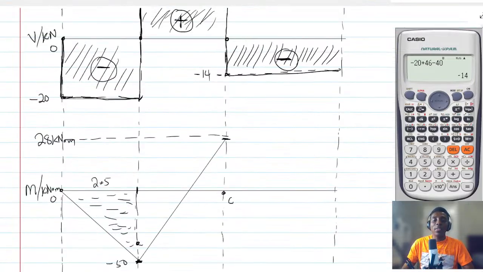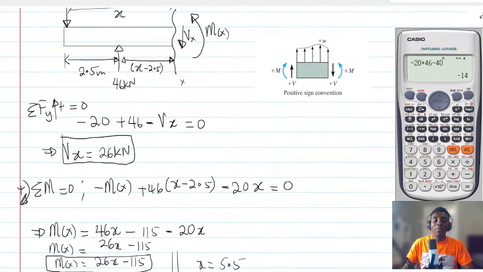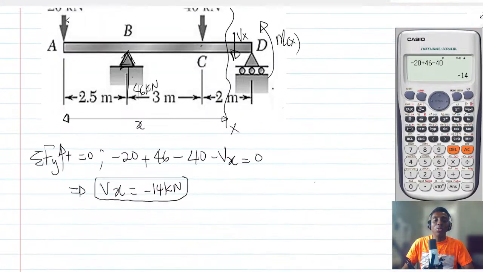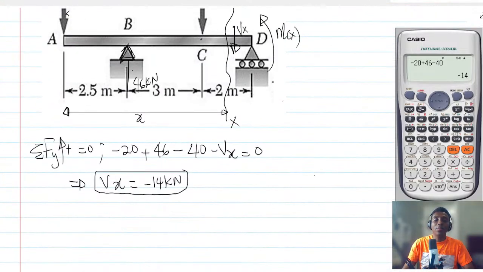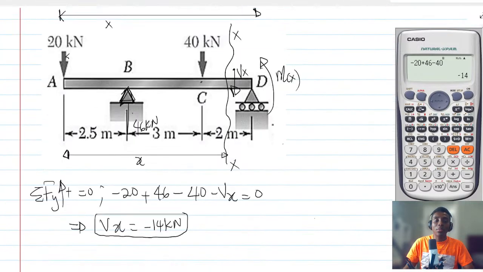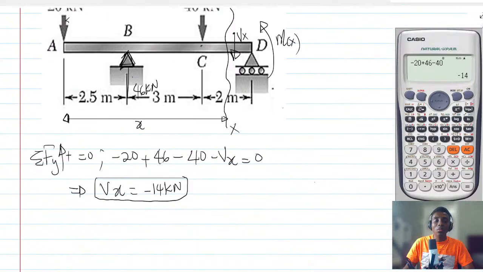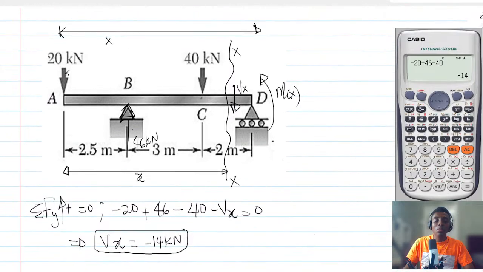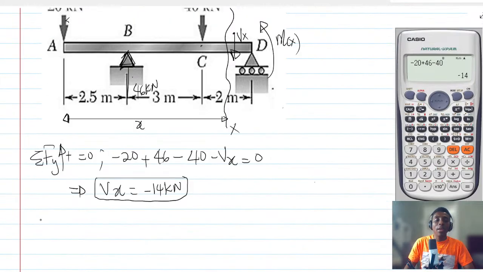Now, for your moment, for this time, you will do the summation of moment again. Now, let's see what you are going to get. So let's sum moment again. Clockwise is positive to be 0.